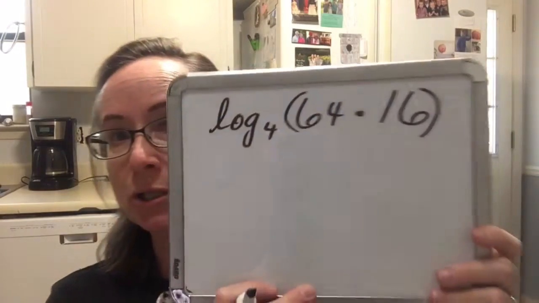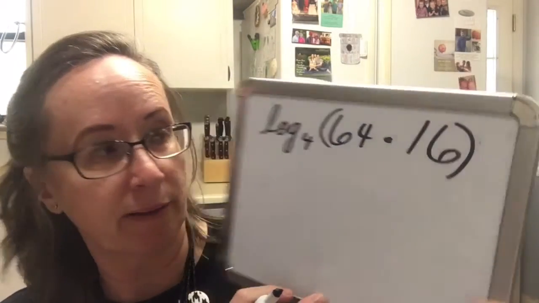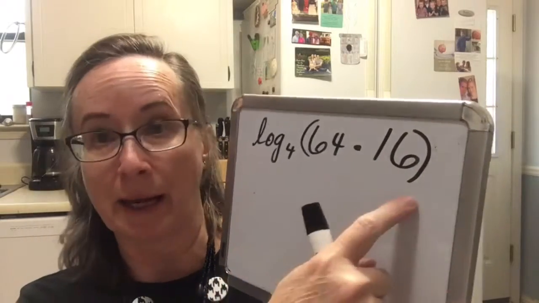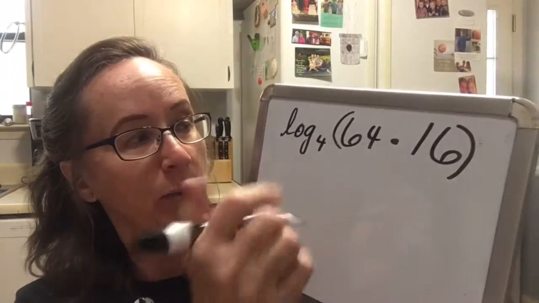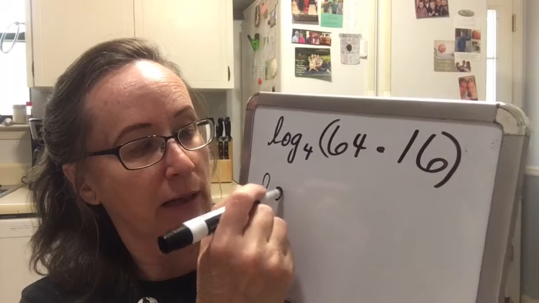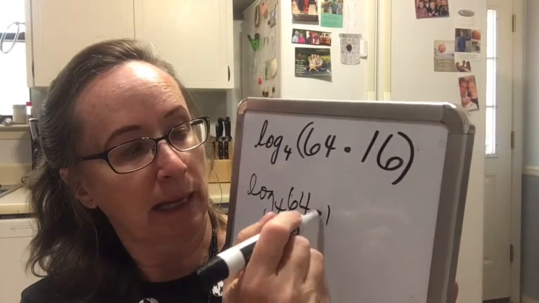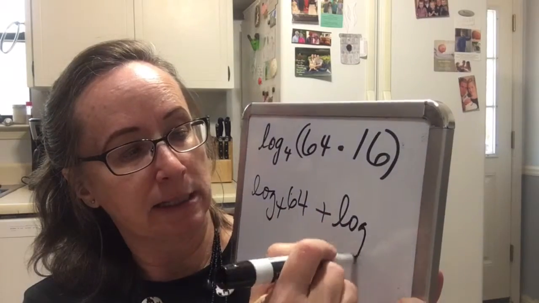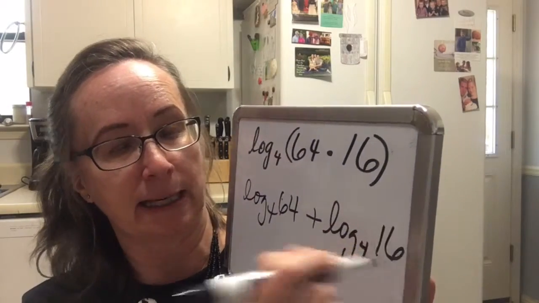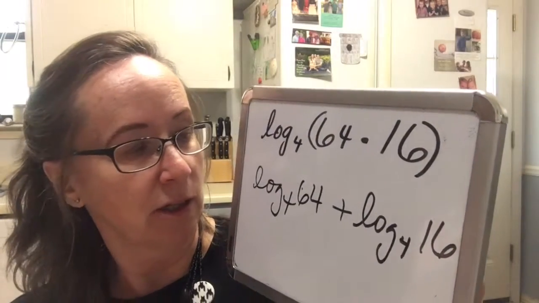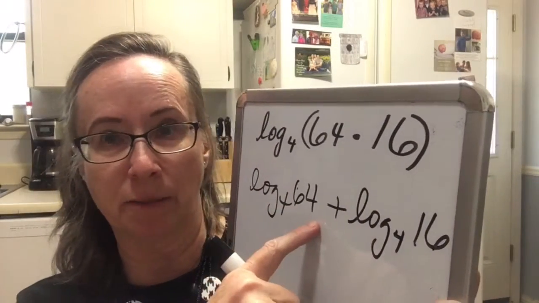Okay, so the other one, number 2, that is dealing with the same concept is the log base 4 of a product. So we're going to break this one up into log base 4 of 64 plus log base 4 of 16. Now remember, the log is the exponent to which you raise the base to get the argument.